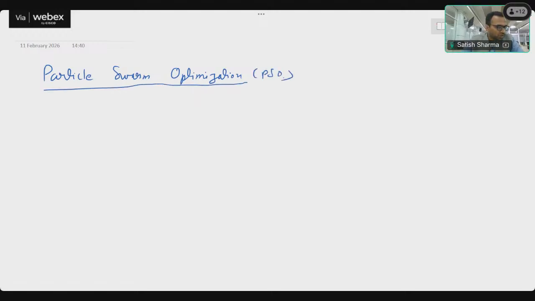So PSO is basically a population-based optimization technique, and it inherits features from a swarm of species and how they react, like how birds flock and how fishes swim in a group, and how the social behavior works, even the social behavior of humans as well.